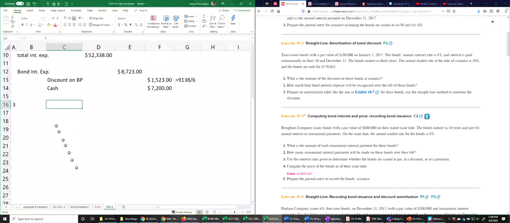Okay, so if we think of the life of these bonds, there's going to be 6 payments. All right. And we can actually number those starting with 0, which would be the time of issuance, going through 6.